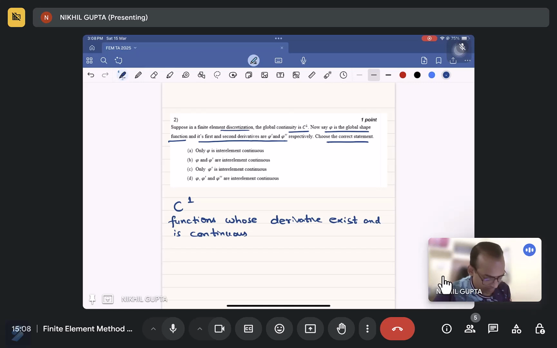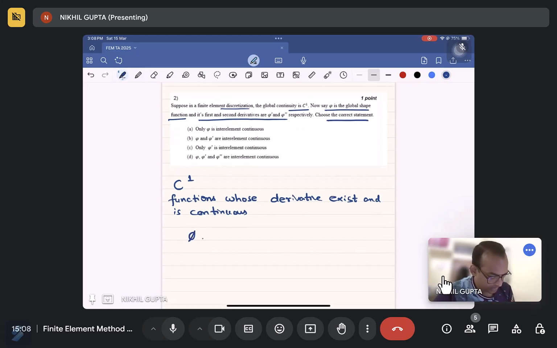So if phi is the function and phi dash is its derivative, both phi and phi dash will be continuous. So we can say the answer is B.